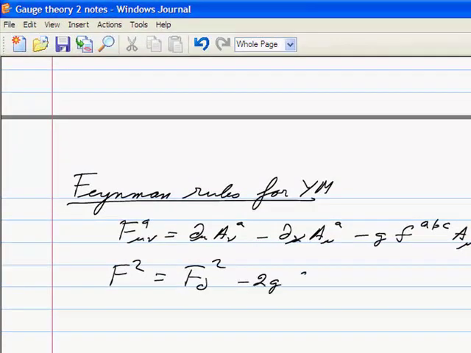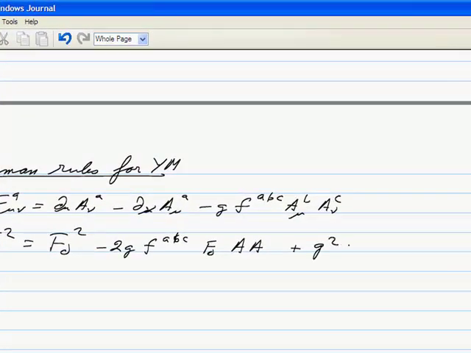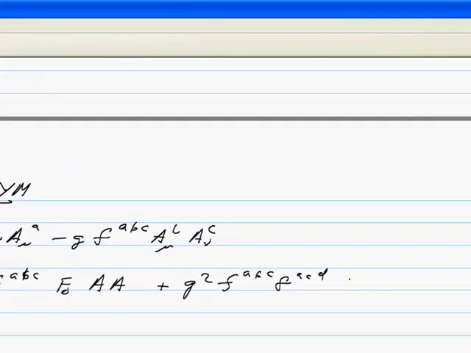There's then a minus 2g f a b c F0 A. Let's leave off the indices at the moment. And then there's a g squared f a b c f a c d a piece.